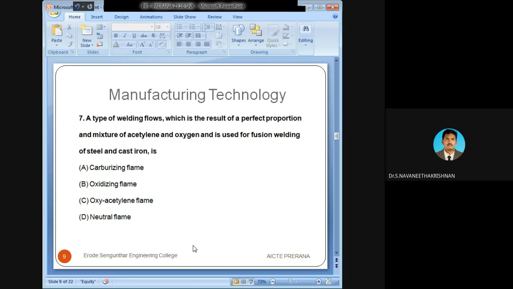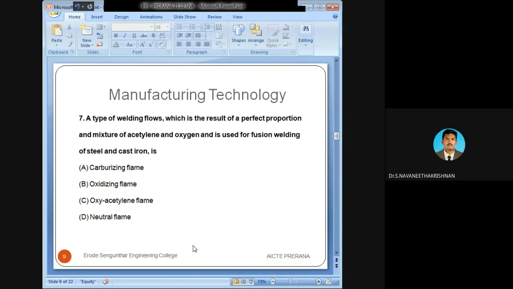The various answers are carburizing flame, oxidizing flame, oxyacetylene flame, and neutral flame.